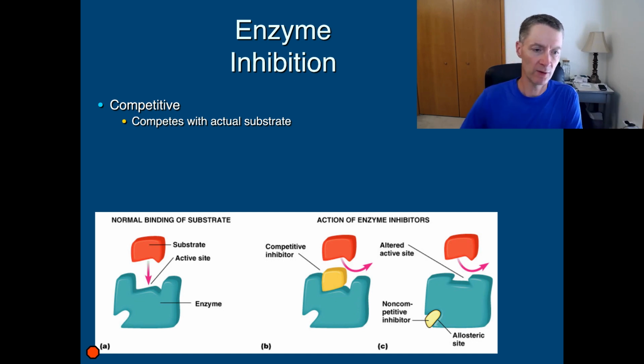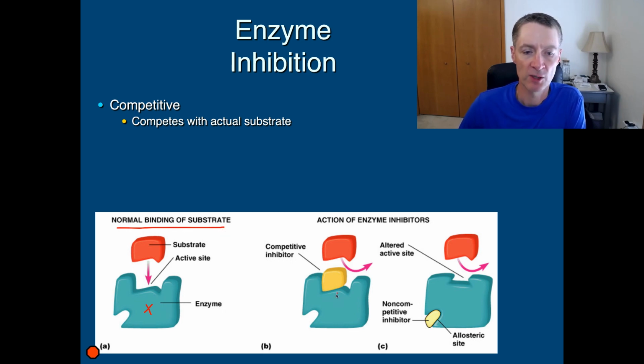So here in this image, we have an enzyme here in the bottom left, right? And this enzyme has just the right shape for our substrate. Well, nothing would stop that from happening, right? There would be a reaction here as a result of the normal binding of the substrate to its active site.